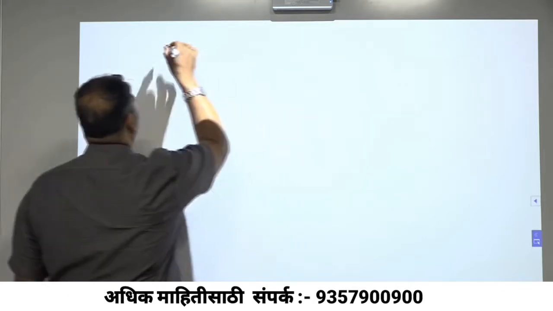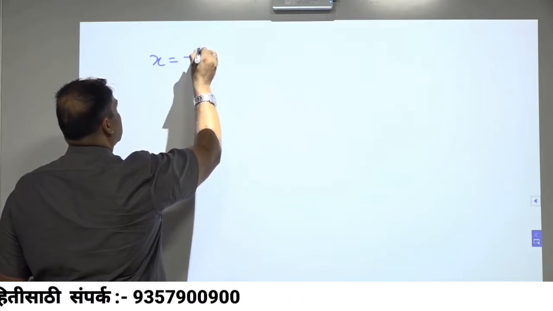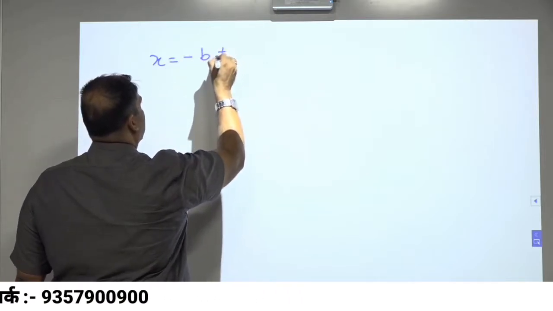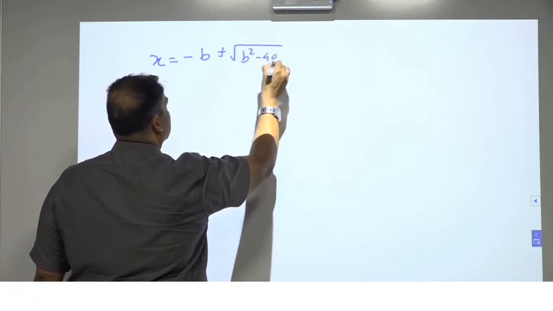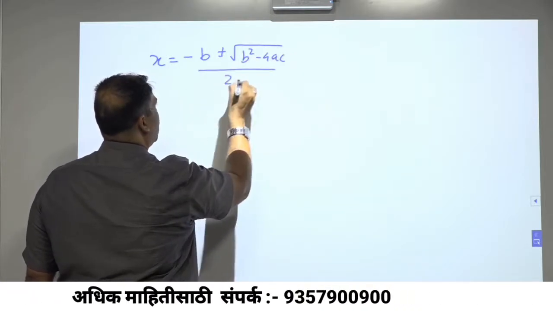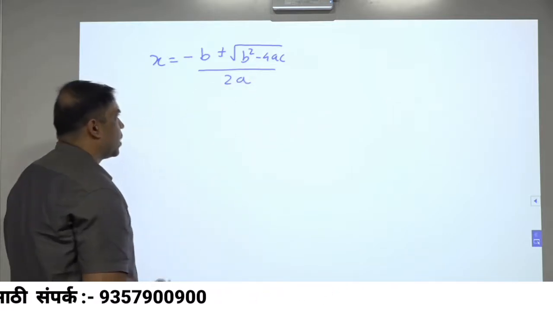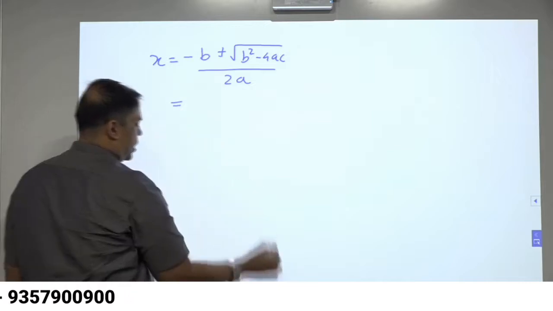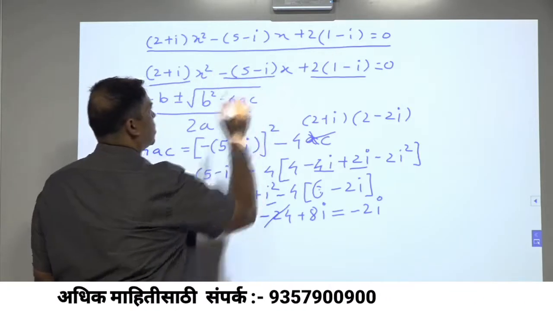x is equal to minus b plus or minus the square root of b squared minus 4ac, upon 2a. Clear? So what is the value of minus b? My b is this one.